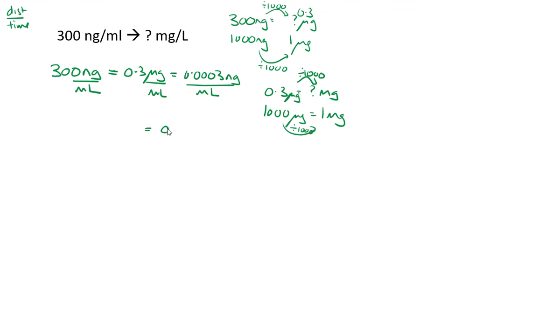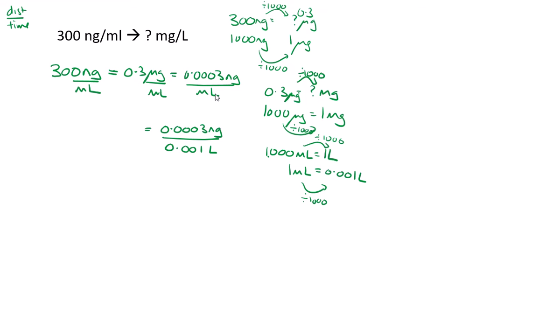So I can write 0.0003 nanograms. And instead of writing a milliliter, 1,000 milliliters is 1 litre. So 1 milliliter, I've got to divide by 1,000. So that's 0.001 litres.